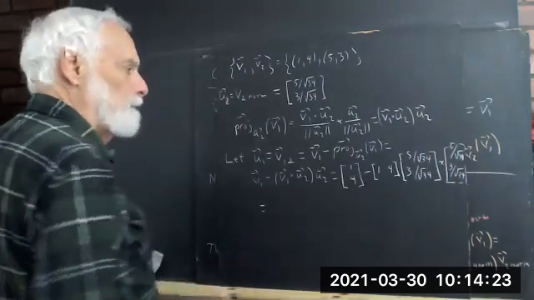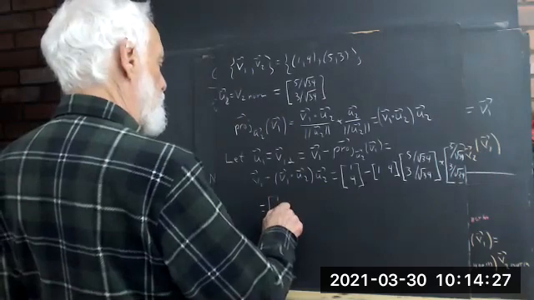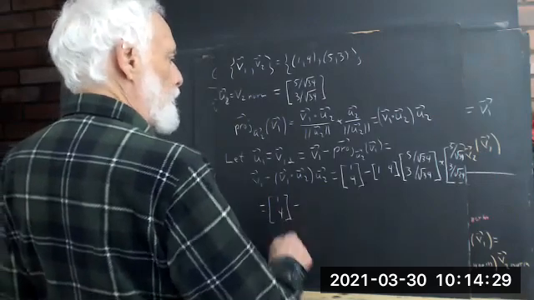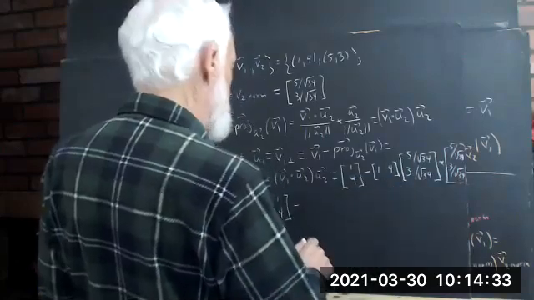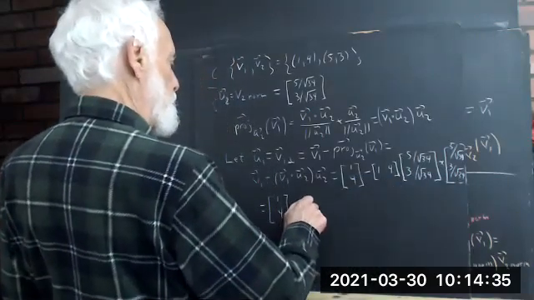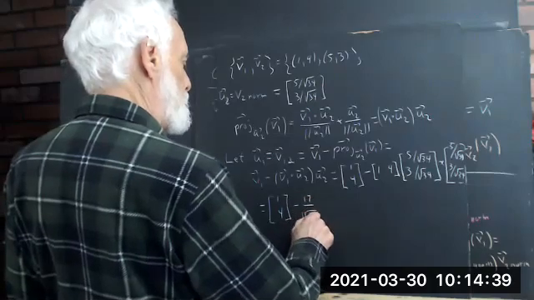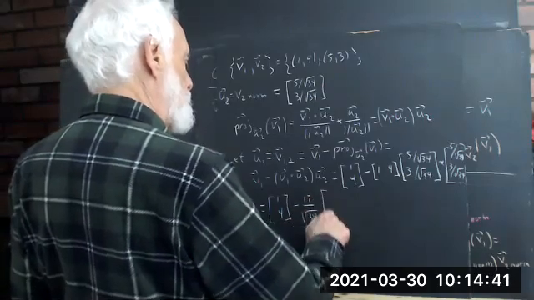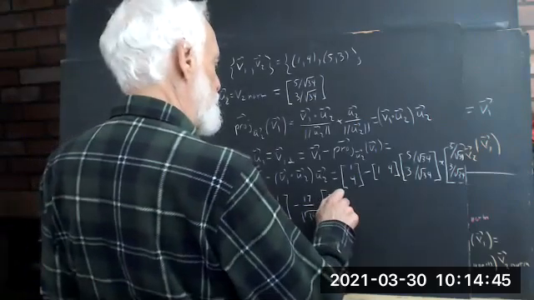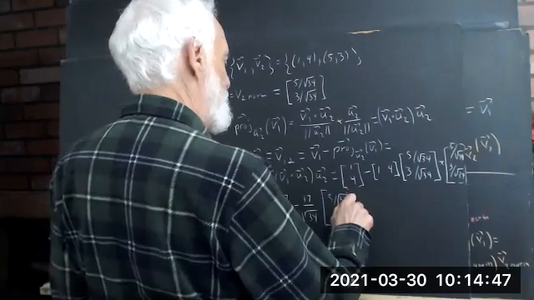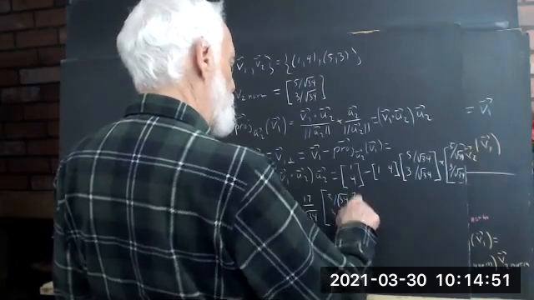And now we can do the arithmetic. You get 5 over the square root of 34 and 12 over the square root of 34, which is 17 over the square root of 34 times 5 and 3 over the square root of 34.